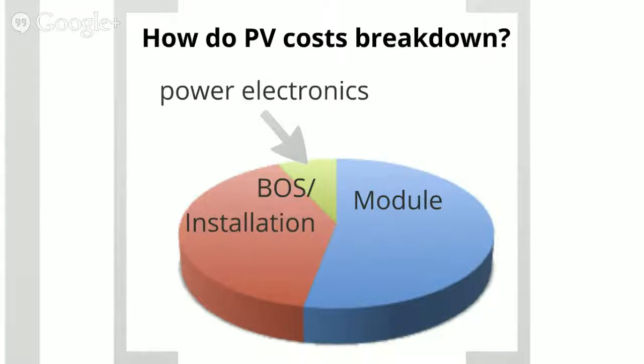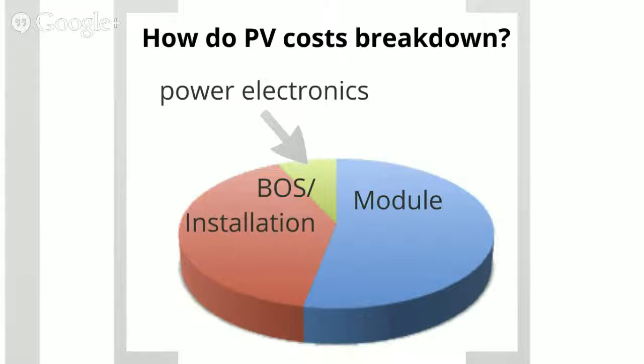For instance, can you make them such that it's plug and play, so easily plugged into some standard rails, which are plug in very fast. There are lots of interesting things going on there. By the way, BOS stands for balance of system. Basically means all the other costs, which includes installation, transport, labor, anything which is not in those other three buckets.